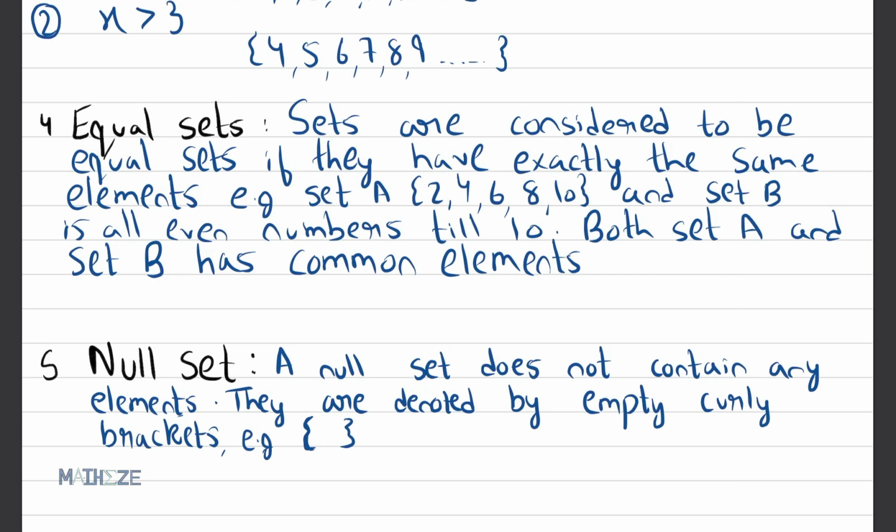And number fifth is null set. What are null sets? Those sets which has no elements. They are empty sets, and they are denoted by bacha empty curly brackets. So I hope you are clear with universal set, finite set, infinite set, equal set, and null set.